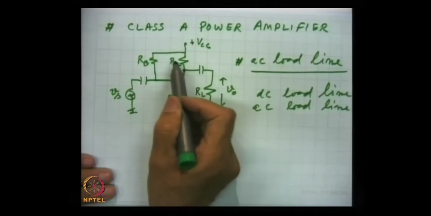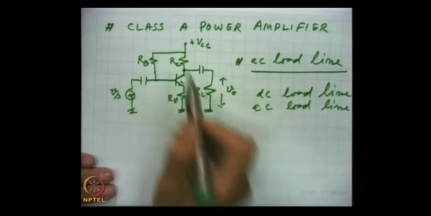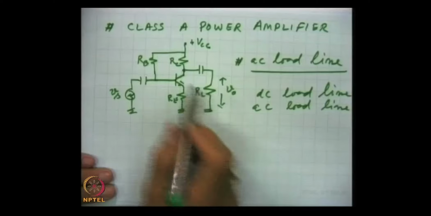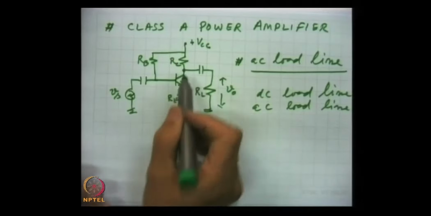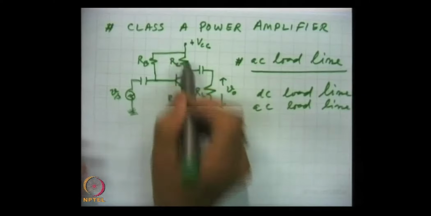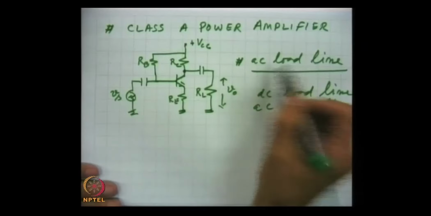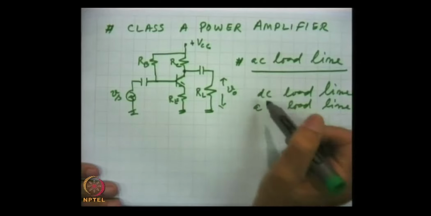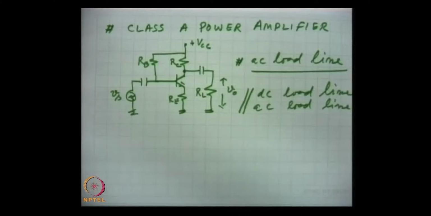If RC is 100 ohms and RL is 100 ohms, then the effective resistance will be 50 ohms. So the collector sees 100 ohms for DC, but for AC it sees 50 ohms, and hence the AC load line and DC load line are different, because the impedances seen by the collector at DC and at AC are different.